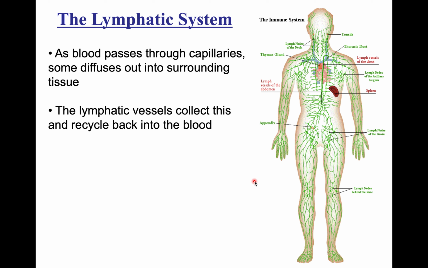There's a couple of key jobs of the lymphatic system. One of its main roles is to help collect fluid that is being lost through capillaries, diffusing out of capillaries into surrounding tissues, basically recollecting some of that fluid and recycling it back into the bloodstream. And then another key role of the lymphatic system is an immune role.